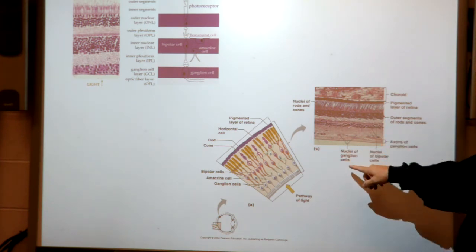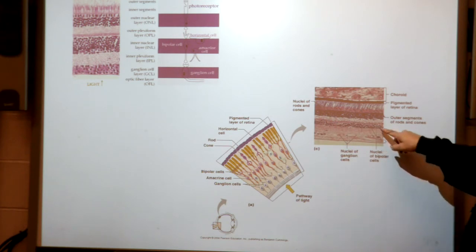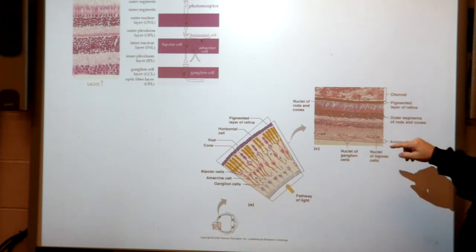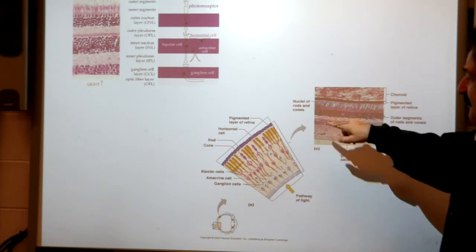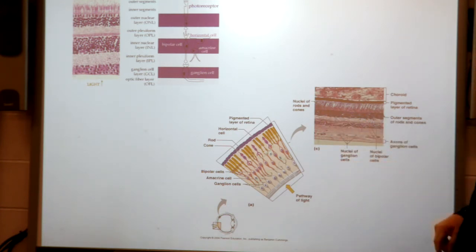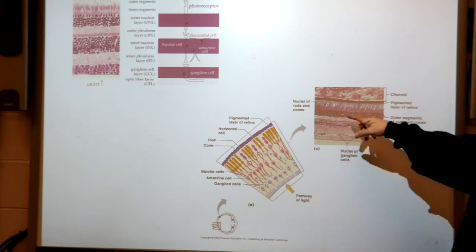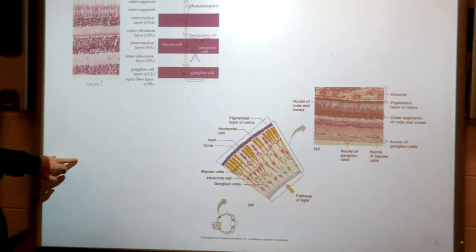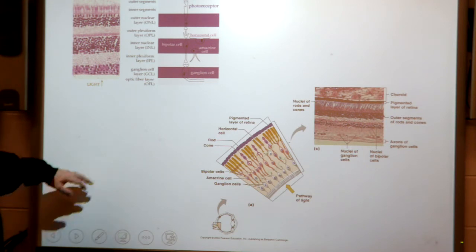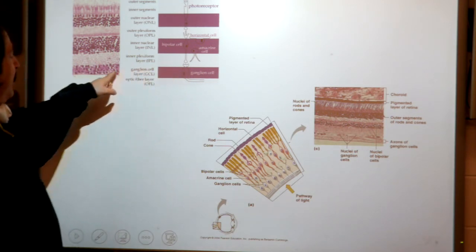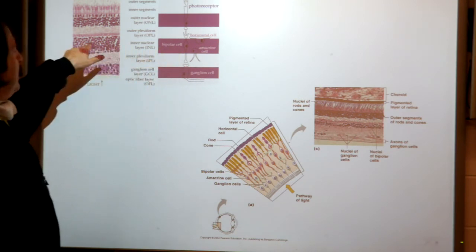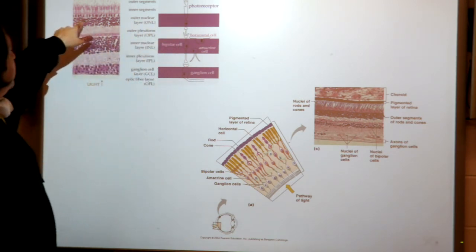So right here are the ganglion cells, layer of bipolar cells, and then finally right here, rods and cones. So first ganglion cells, bipolar cells, and that particular picture is not always shown. Again, diagram goes across ganglion cells, bipolar cells, photoreceptors.